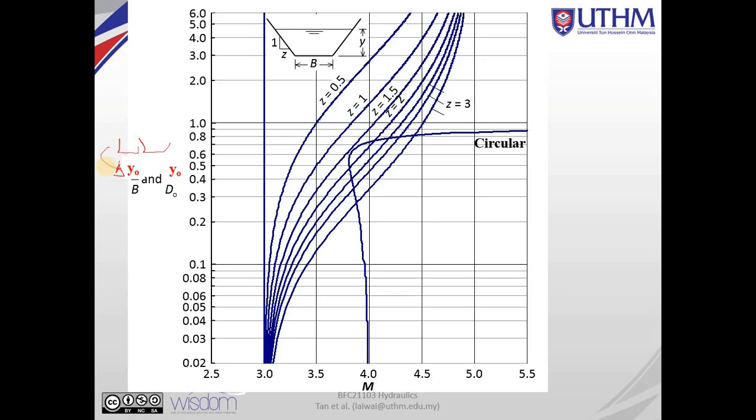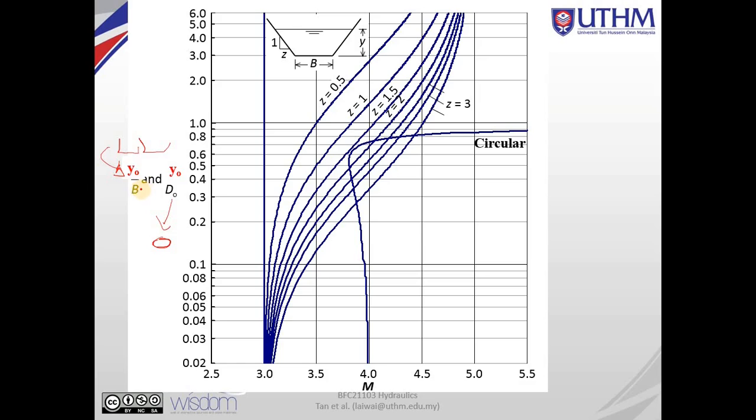Meanwhile, we divide Y by D if our channel shape is circular, where D means the diameter of the circular shape. So this ratio we use for circular shape.